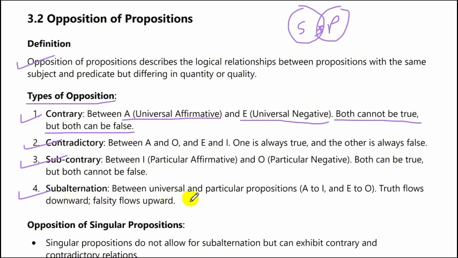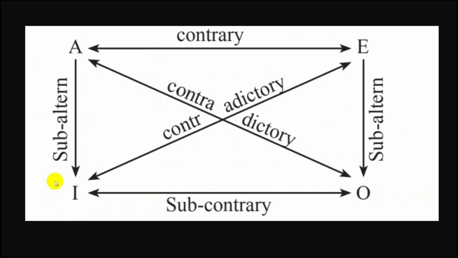Subalternation. This is between the universal and the particular proposition, A to I and E to O. Truth flows downward. Falsity flows upward. From A to I, not the reverse way. So if I say all S are P, I can say some S are P, and the statement will be true.